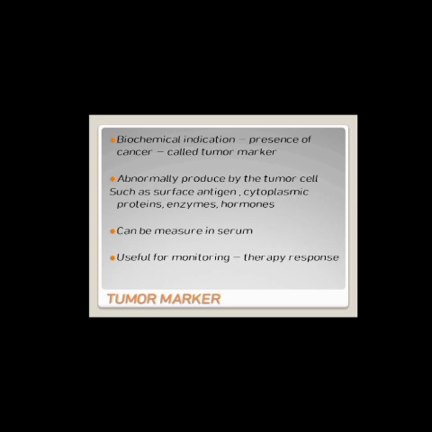If a patient has cancer and is undergoing treatment like chemotherapy and medications, at that time we monitor the tumor marker for therapy response: how the medications work on the cancer type and how well it is being controlled will be calculated by the tumor marker.